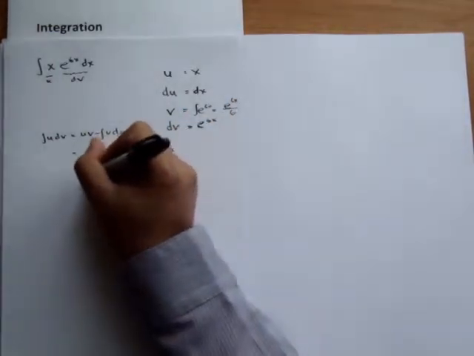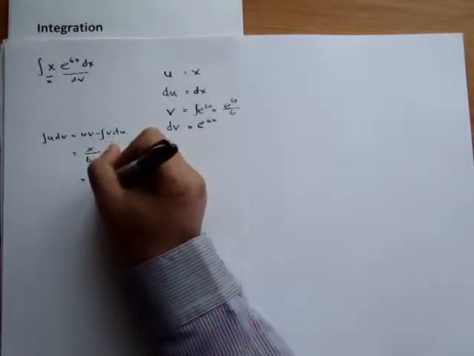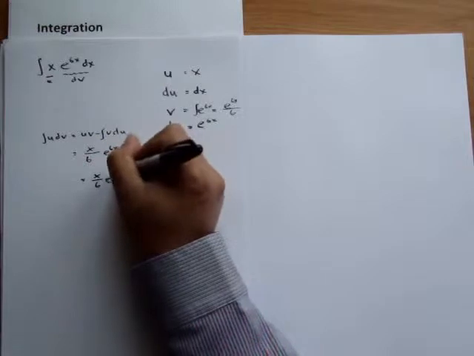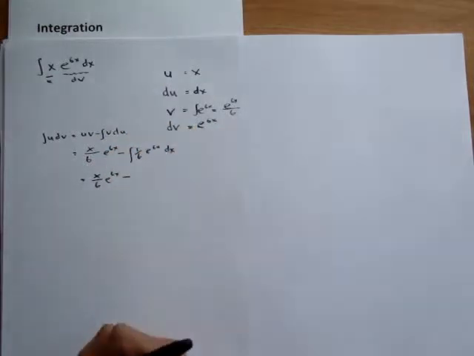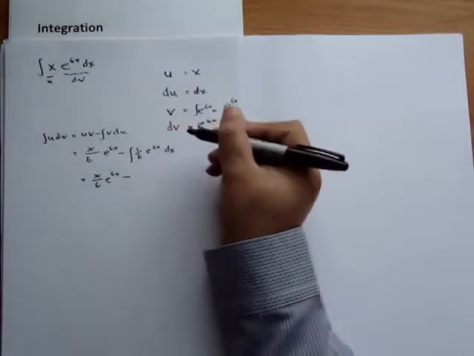Then when we tidy this up, we get x over 6 e to the 6x minus the integral of 1/6 e to the 6x.